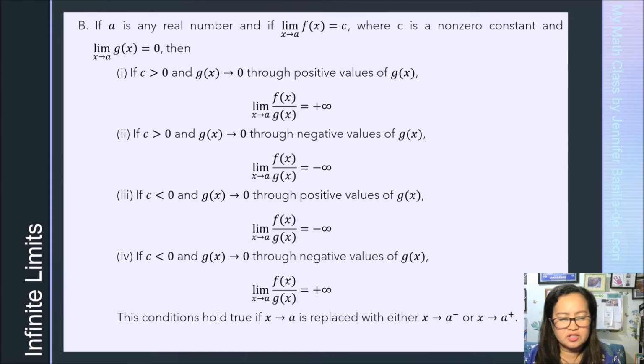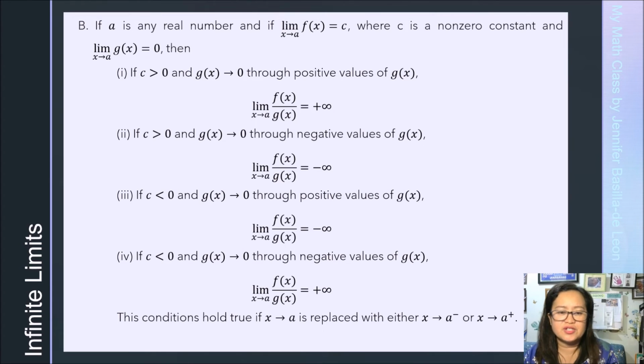Now let's consider the second set of laws about infinite limits. If a is any real number and if the limit of f of x as x approaches a is equal to c, where c is a non-zero constant, and the limit of g of x as x approaches a is equal to 0, then we can have four possible outcomes.